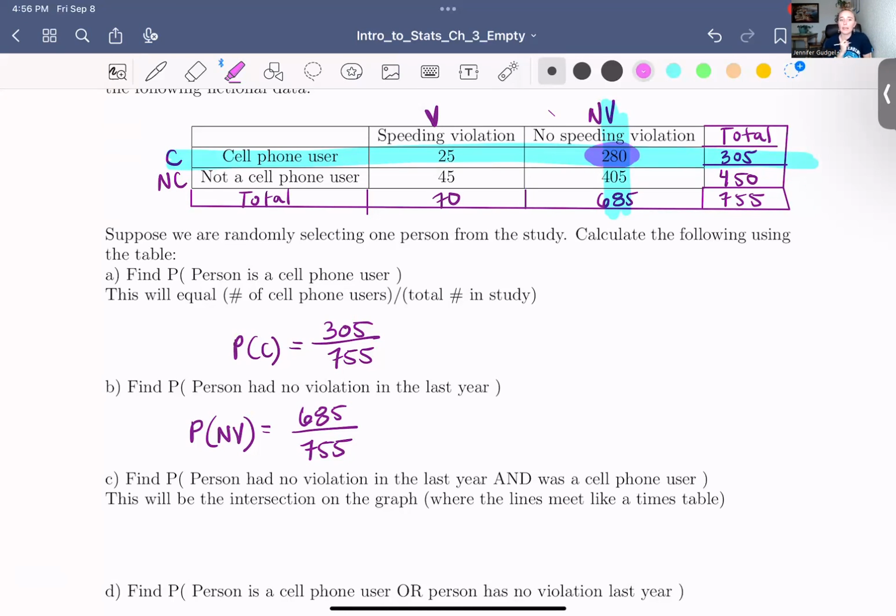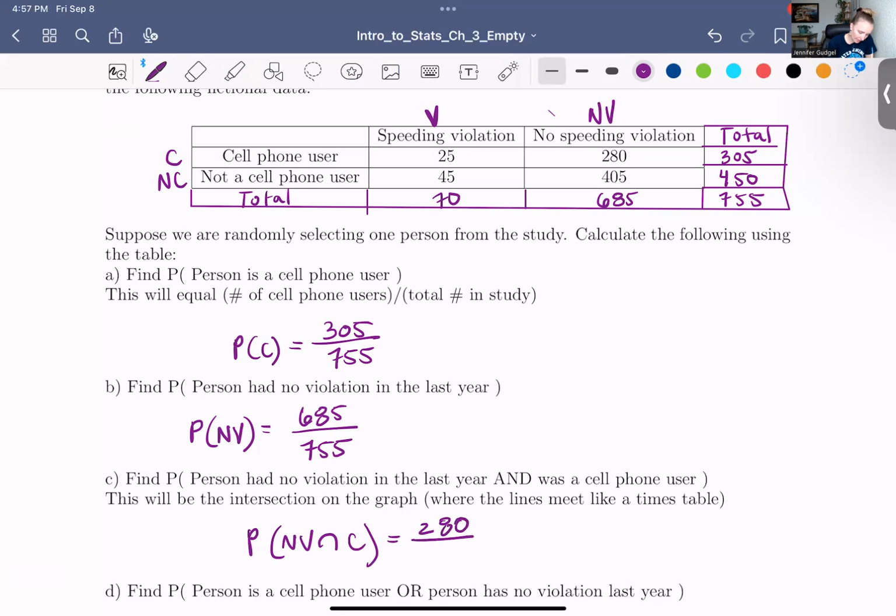Those 280 people meet both requirements. So the probability of no violation and cell phone user is equal to 280 out of 755, still out of our total number of the data set of the study.